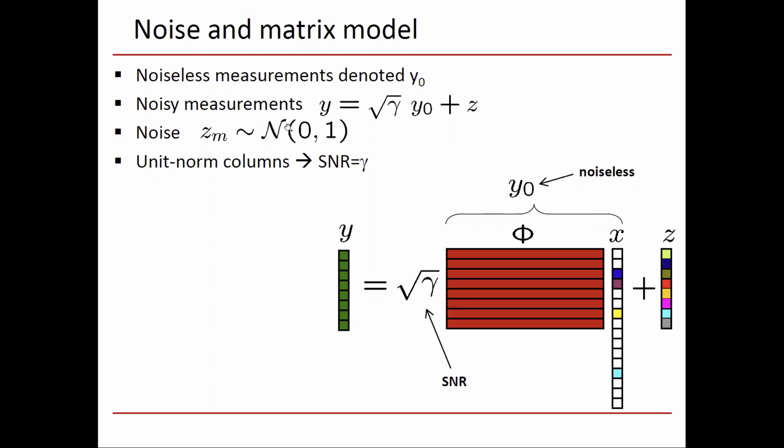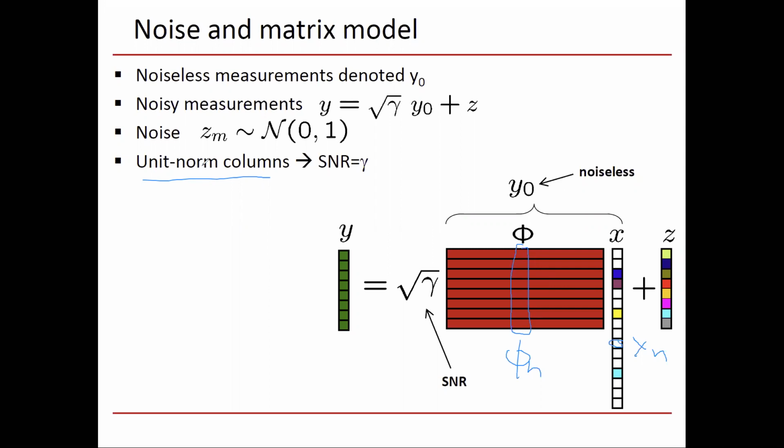First of all, the matrix Phi is going to be assumed to have unit norm columns. Because the matrix Phi has unit norm columns, each of these entries in x, let's say x_n, is being picked up by Phi_n, the corresponding column. So x_n is being multiplied by Phi_n. And by the way, it doesn't need to be necessarily unit norm for every single column. It could be unit norm on average in an i.i.d. matrix.